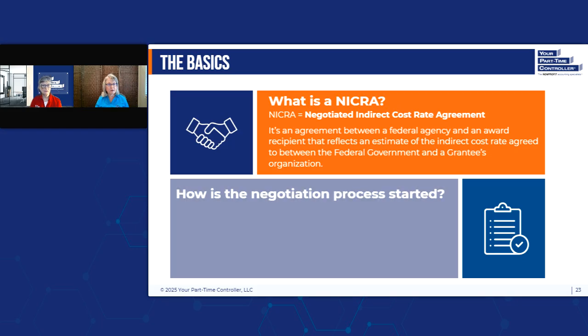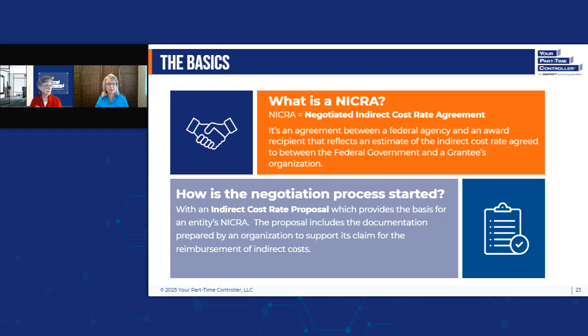How is the negotiation process started? With an indirect cost rate proposal. An indirect cost rate proposal provides the basis for an entity's NICRA. The proposal includes the documentation prepared by an organization to substantiate its claim for the reimbursement of indirect costs.